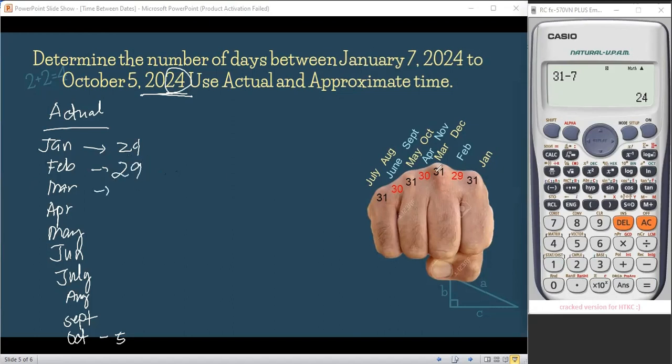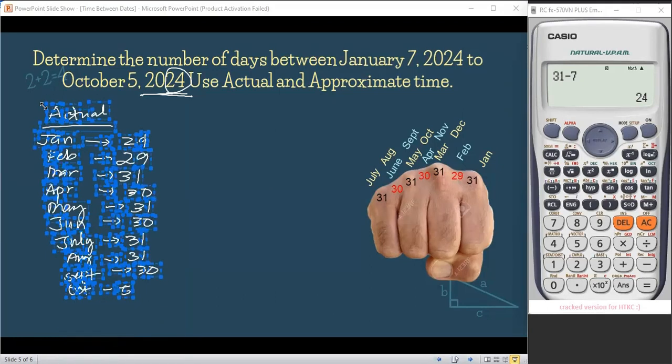In March, we have 31. April, we have 30. In May, we have 31 again. June, 30. July, 31. August, 31 again. And September, we have 30. So now let's calculate.